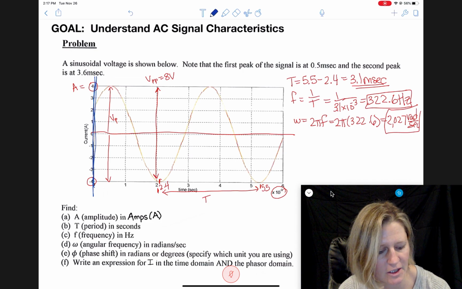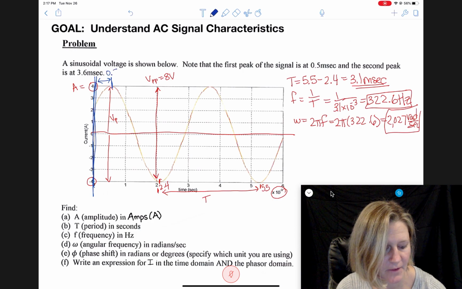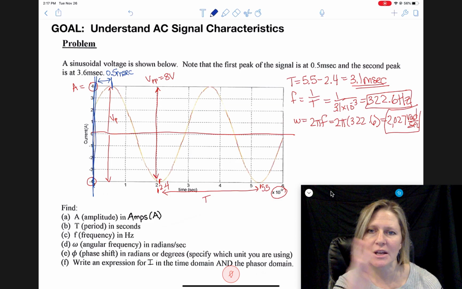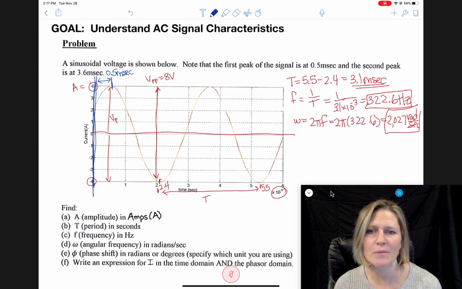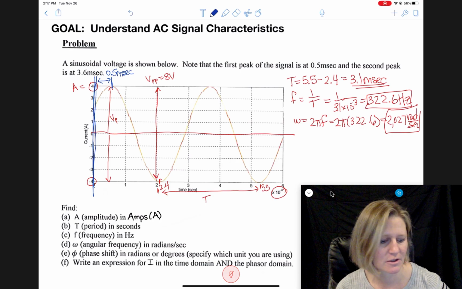We see that it is shifted at about 0.5 milliseconds, and that comes as a peak right after the input. If it is coming after the input, to the right of it on the scope, we would say that it lags the input and it's therefore going to be a negative phase shift.